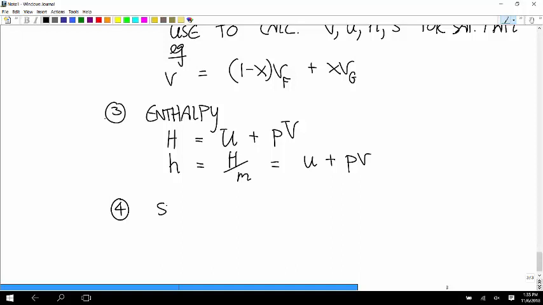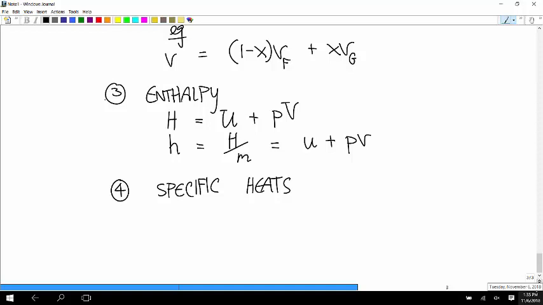And then I introduced specific heats. And there are two of those. C sub V is, anyone remember what that is without looking at your notes?